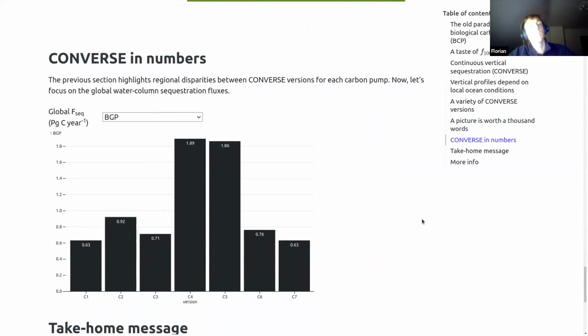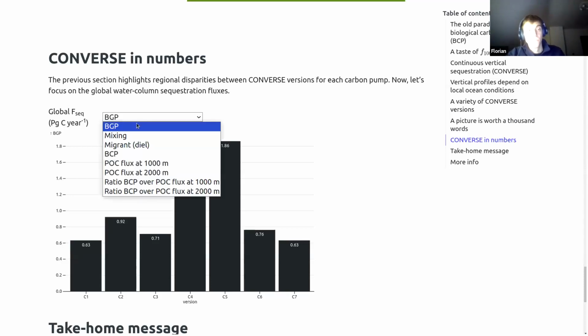So basically, with Converse, we have revised the estimations of carbon sequestration by the BCP, and we also have looked at different components of the BCP. So if you look at the numbers for the gravitational pump, we have computed sequestration flux, on a global scale, between 0.6 and 1.9 petagram of carbon per year.